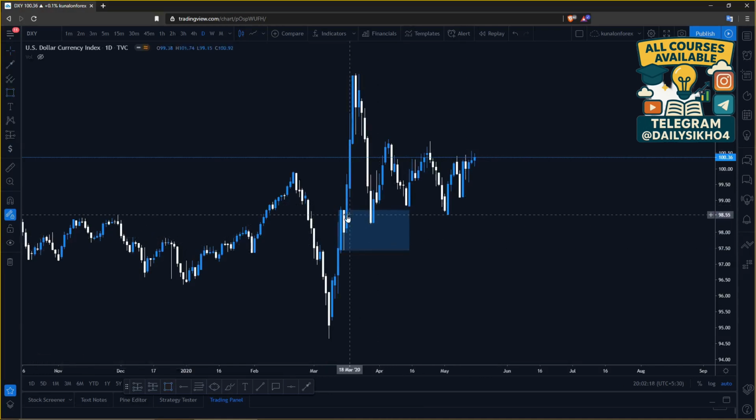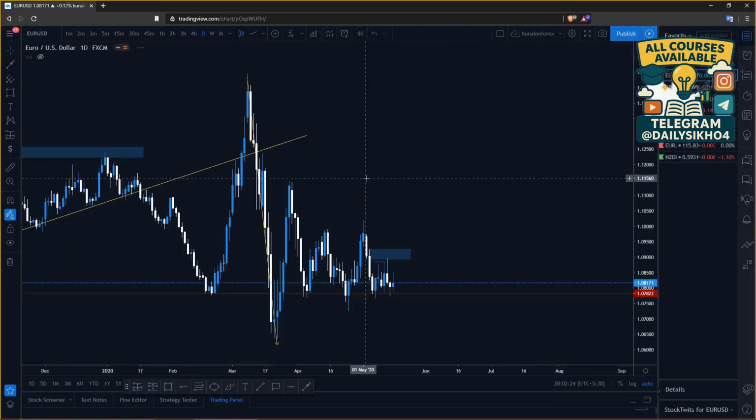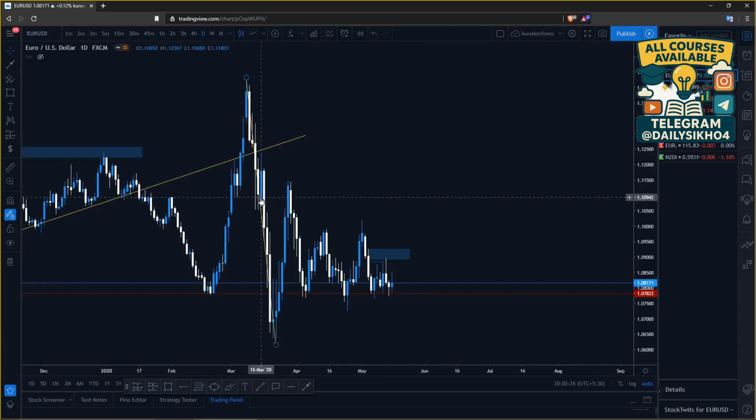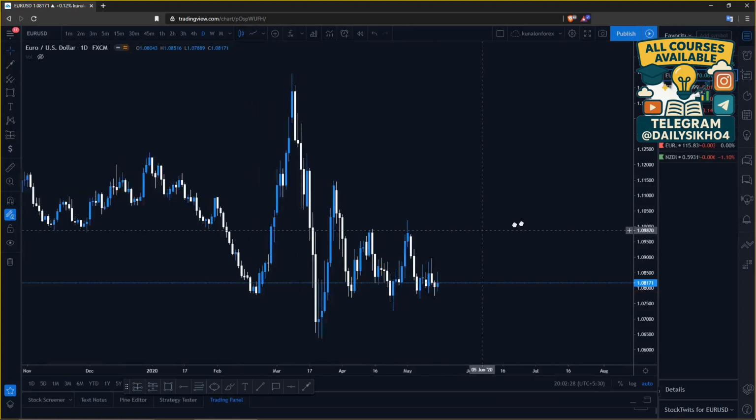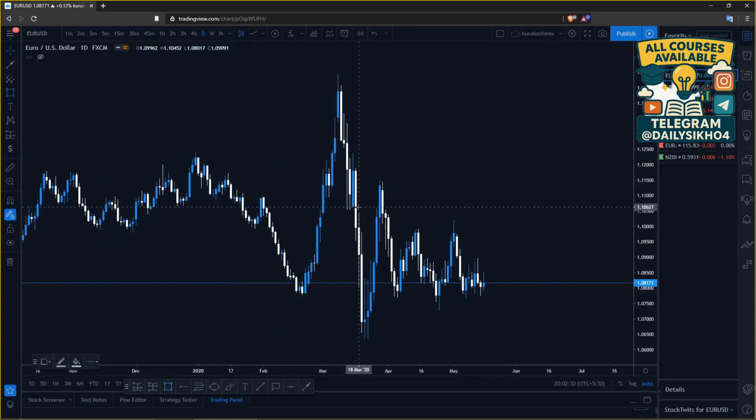So this was the 16th of March 2020. Let's go on Euro USD and let's see what happened. You see exactly it's the same order block but just inverse. 16th of March 2020. You see that? Now let's talk about this spike.